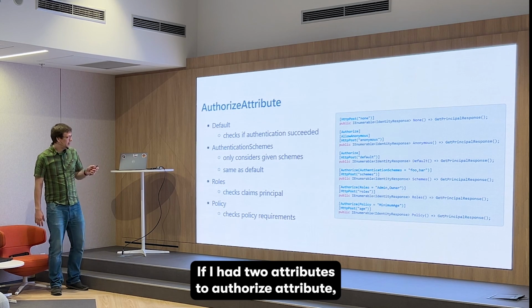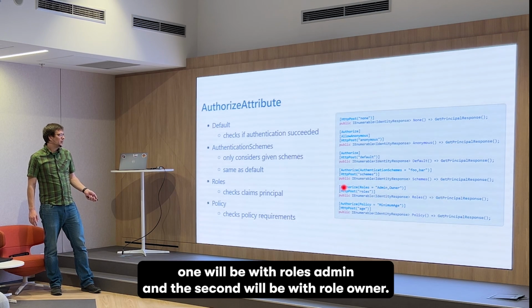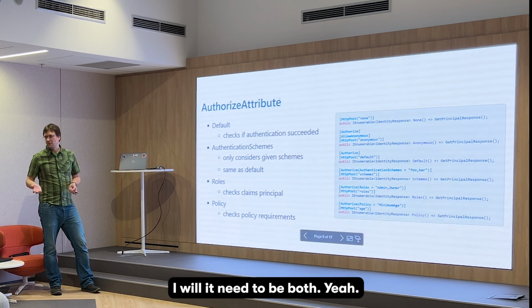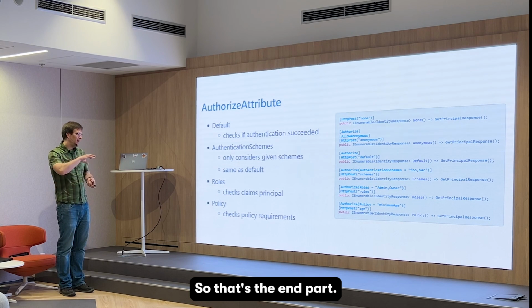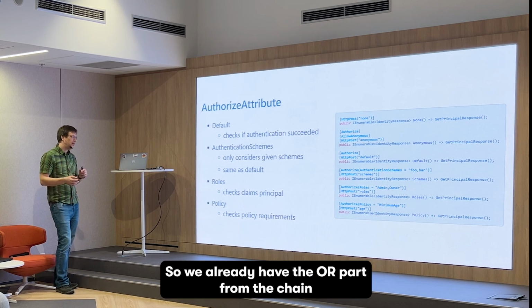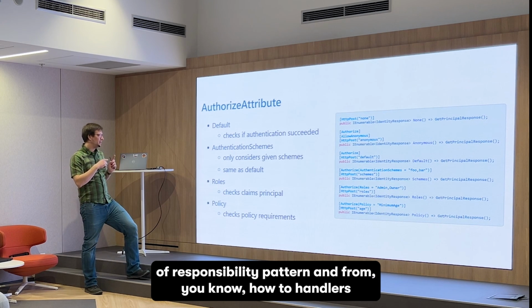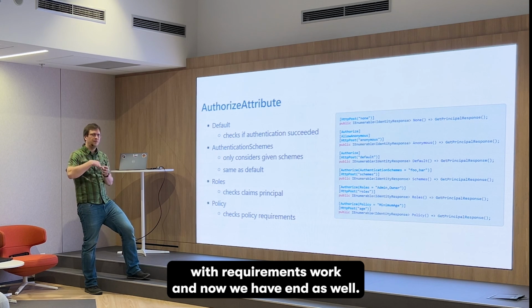But if I had two Authorize attributes, one with role admin and the second with role owner, I will need to be both. So that's the AND part. We already have the OR part from the chain of responsibility pattern and from how the handlers with the requirements work, and now we have AND as well.